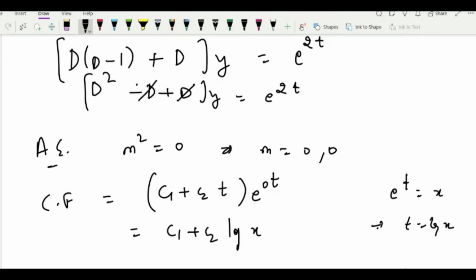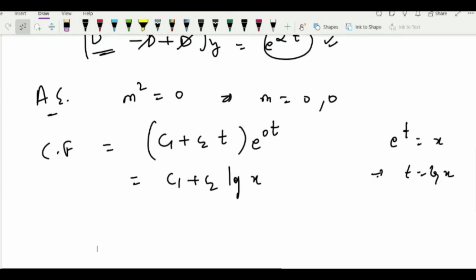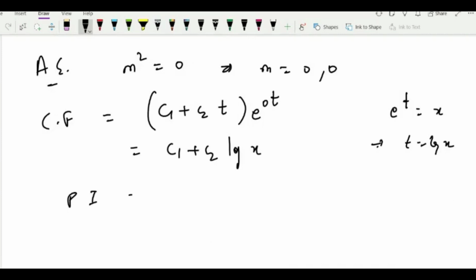For finding PI, we have e raised to power 2t as the non-homogeneous part and f(D) as D square. So for finding PI, we have 1 upon D square e raised to power 2t. As 1 by D stands for one time integration, 1 upon D square stands for two time integration.